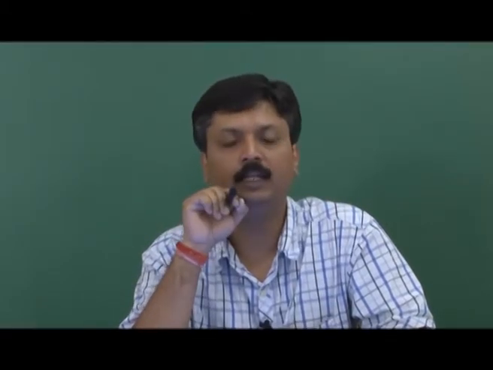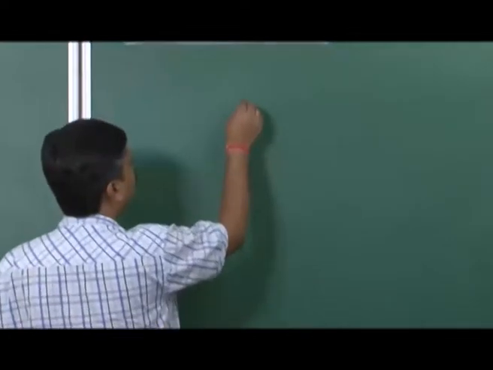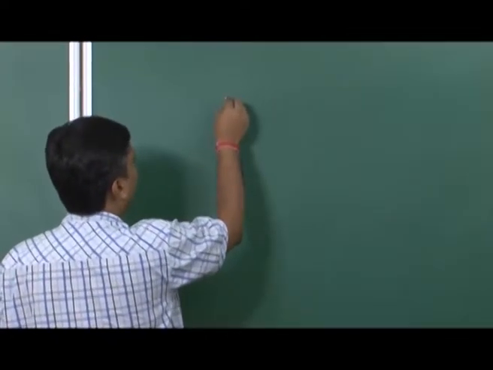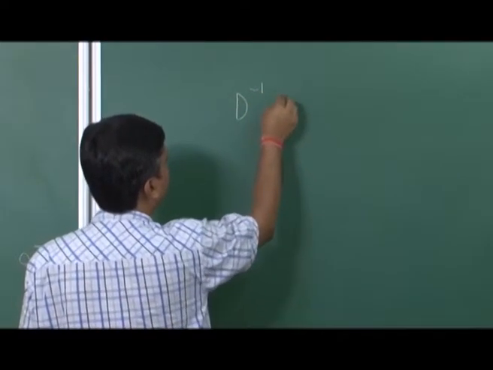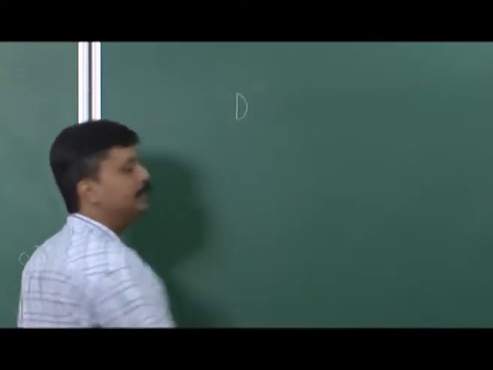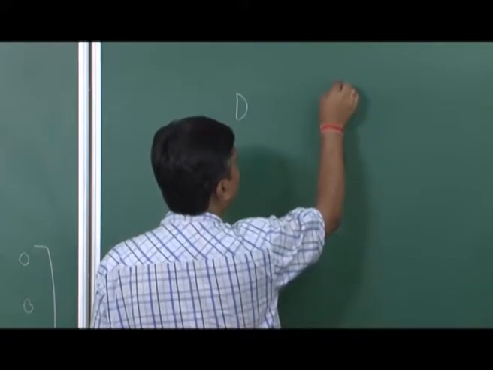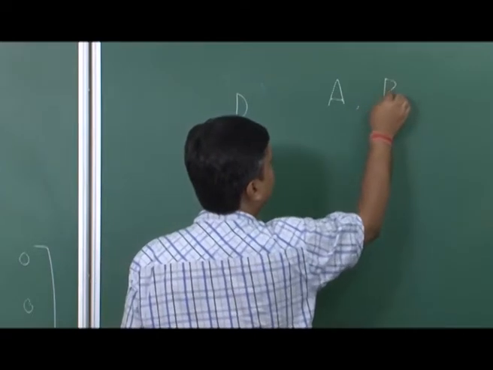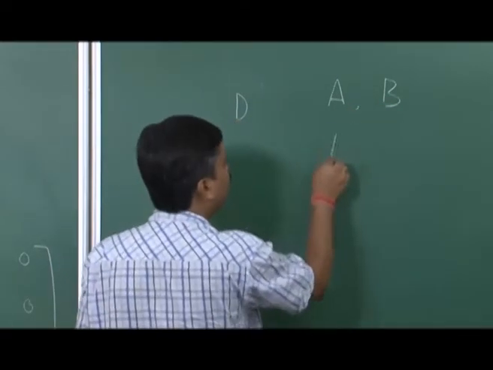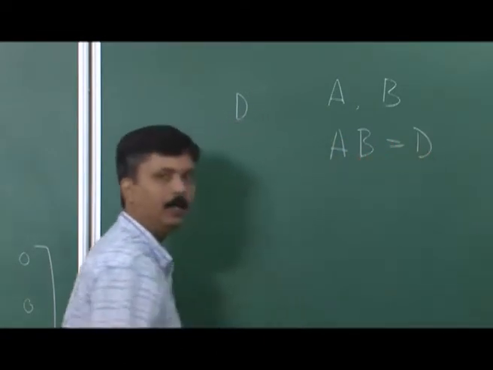Why so? It is very easy to prove. So let me do that real quick. Say I have two elements A and B, and I do the similarity transformation using this matrix D. Now suppose I have matrices A and B such that A and B, if I combine, give D. Okay.